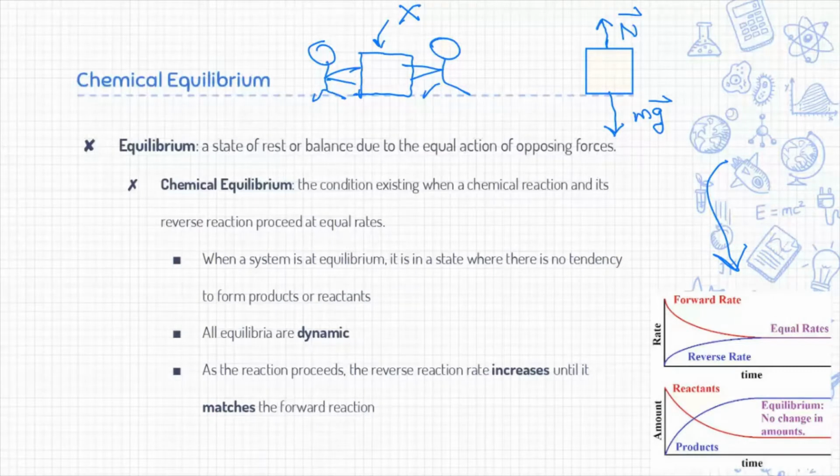And because the concentration of products increases as the reaction occurs, there's more probability for these products to collide to become reactants again.